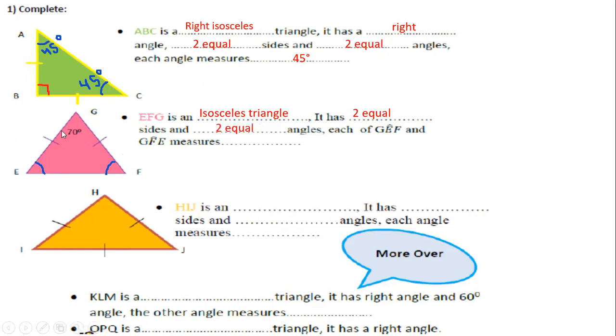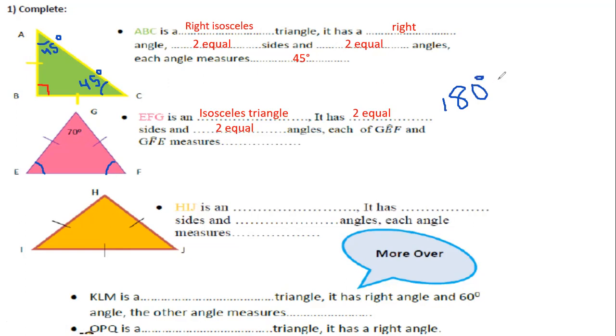If this angle measures 70 degrees, what will be the measure of these two angles? What is the sum of the measures of the three angles in a triangle? 180 degrees.